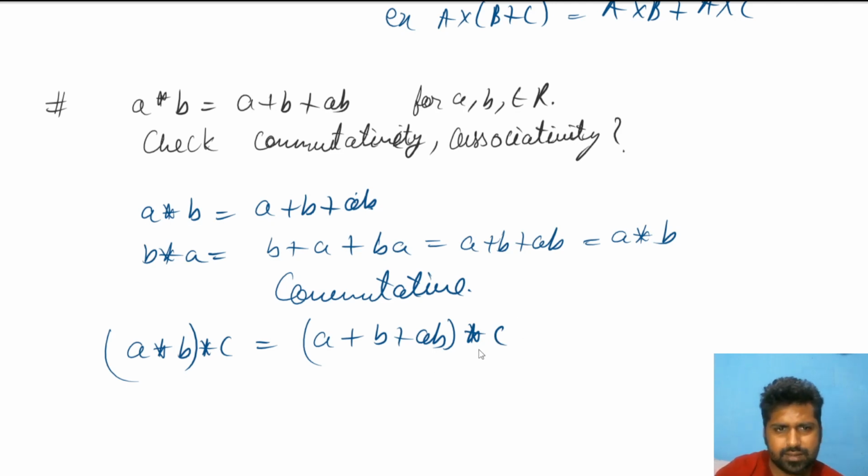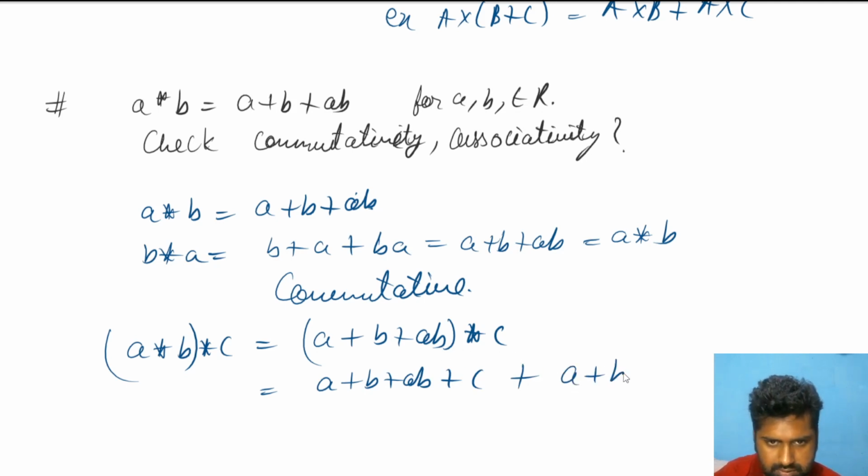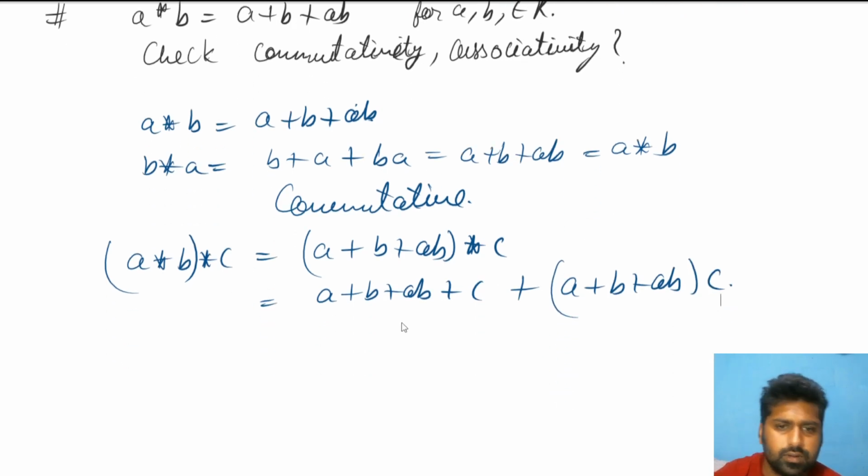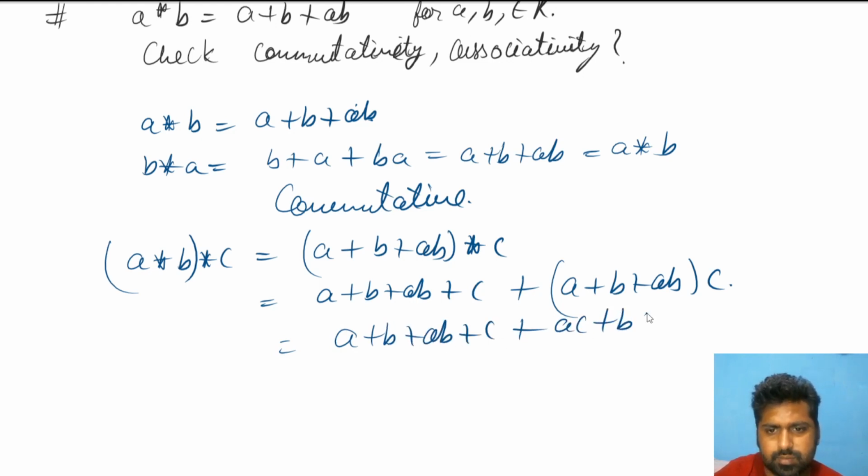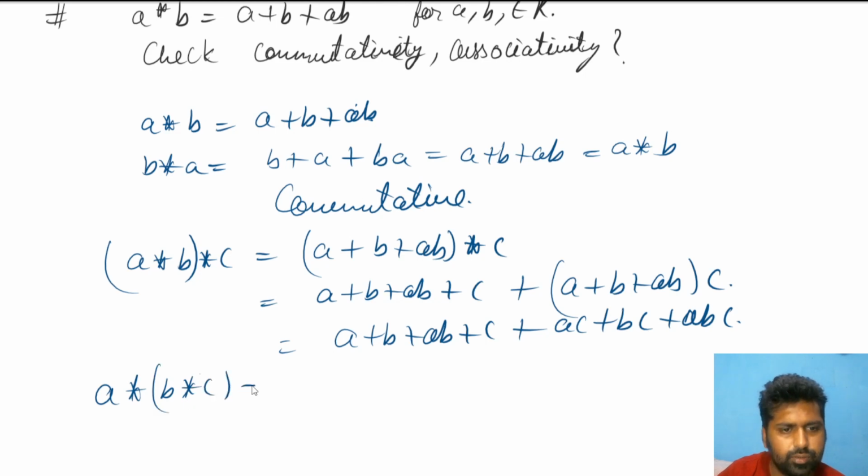You add them first, so both the elements need to be added: A plus B plus AB plus C, and then add their product also, so A plus B plus AB into C. So A plus B plus AB plus C plus AC plus BC plus ABC. Now we have to check for A star B star C, where we'll do B and C first.